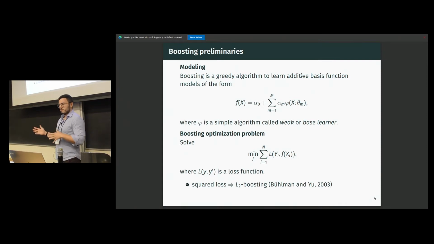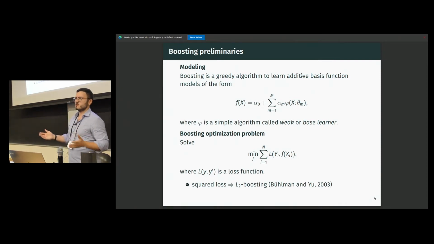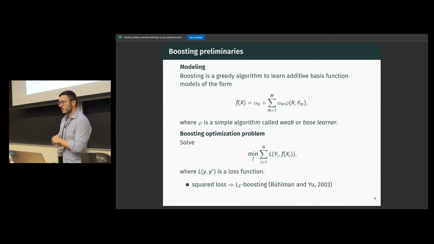Asymptotically, it doesn't matter which algorithm you use, but in finite samples, of course, it matters. The rule of thumb is to use an algorithm which is simple enough so that the variance is low, but it can have high bias. The most used examples are regression stumps, one or two layered neural networks, and linear regression.